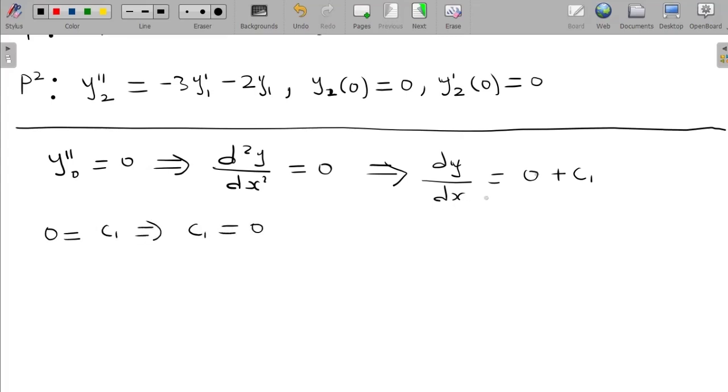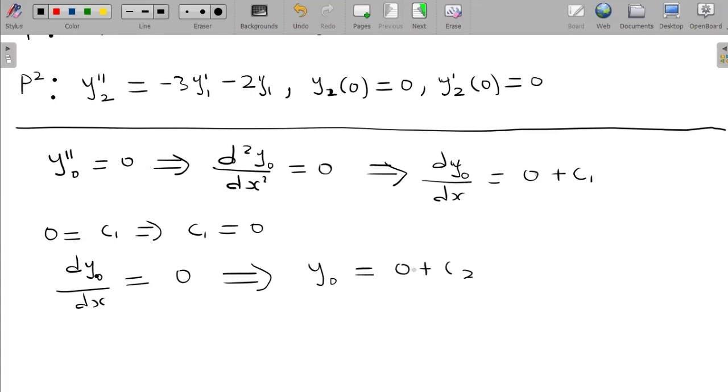If you substitute that here, our differential equation is d y naught over dx equals 0. Integrating this again, we have y naught equals 0 plus C2.